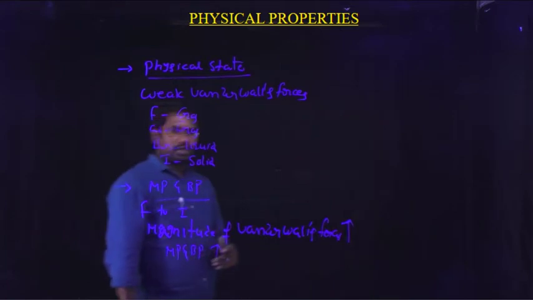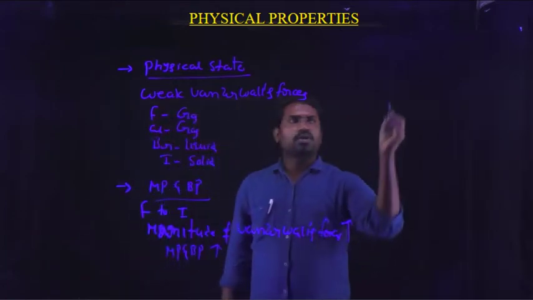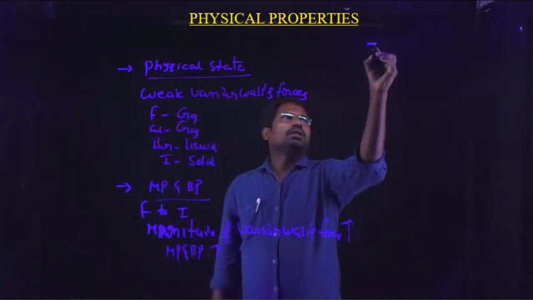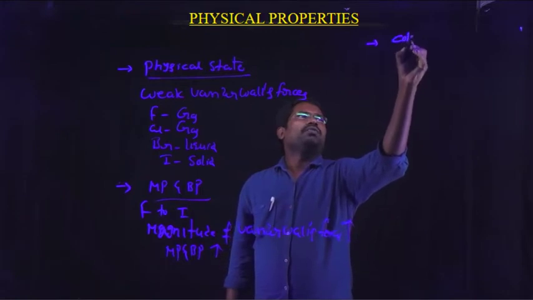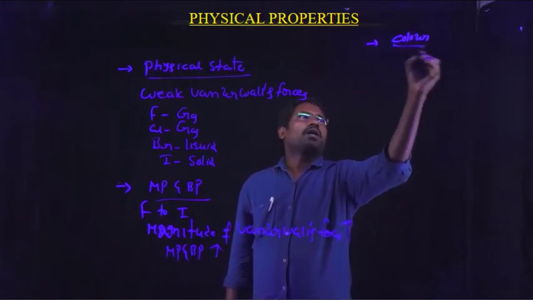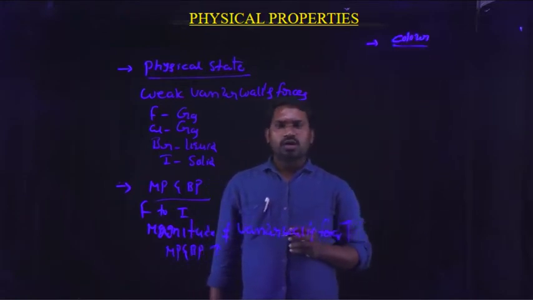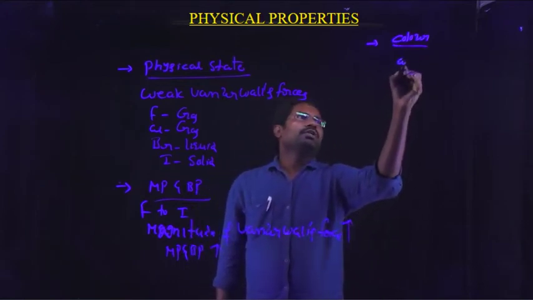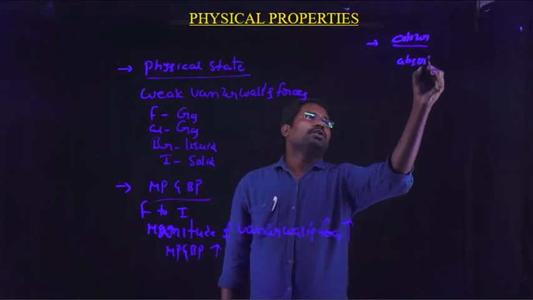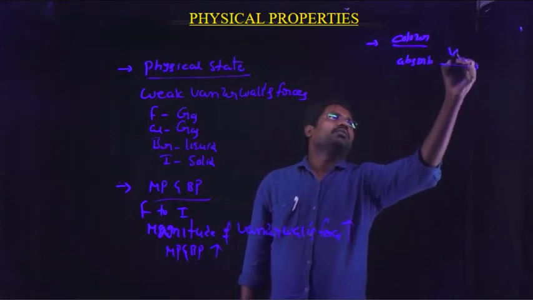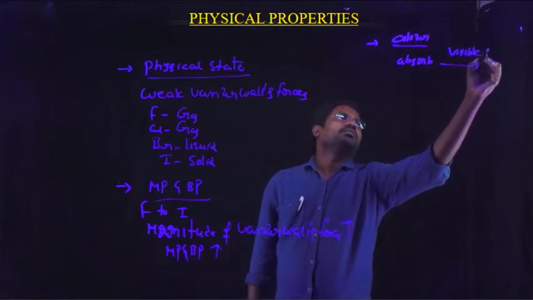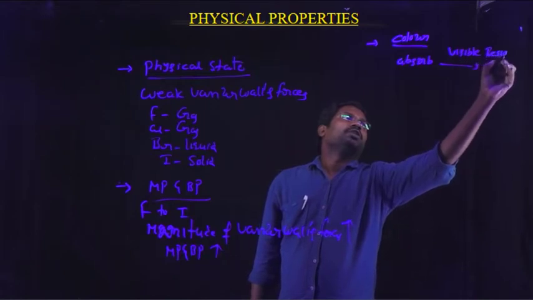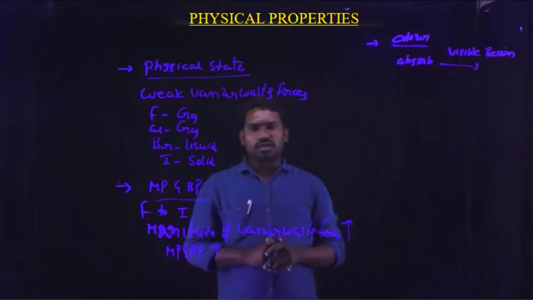Another important physical property of halogens is their color. All halogens are colored because they absorb radiation from the visible region of light.